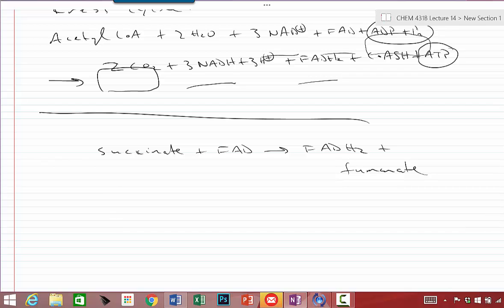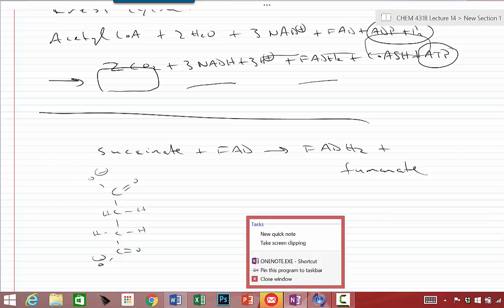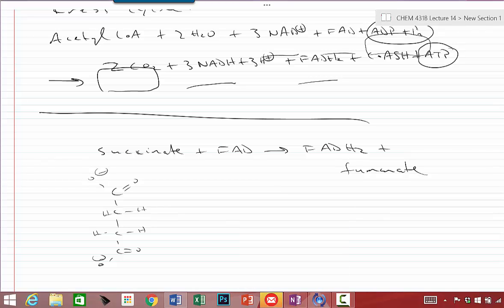Succinate looks like this. And we have this business end of the molecule. That's going to look like this.